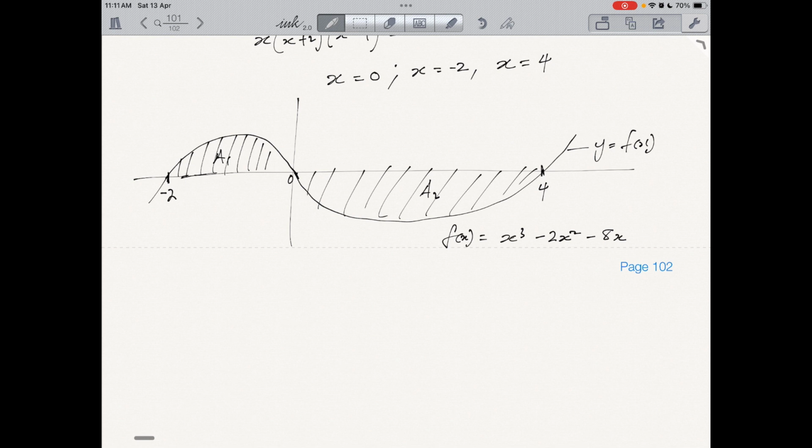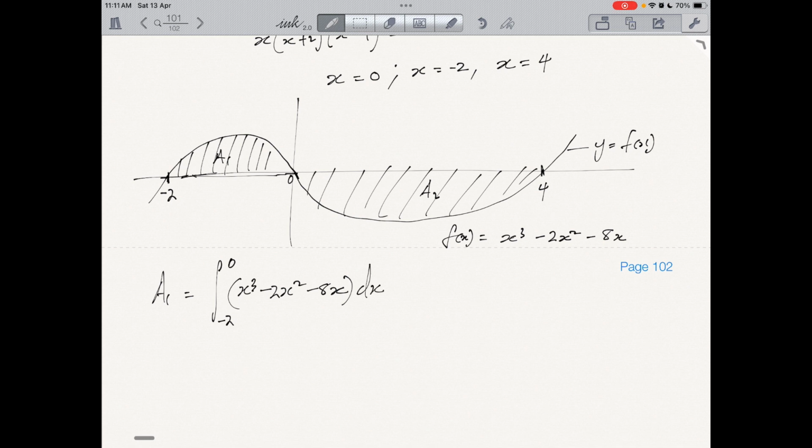So the first thing to do is to evaluate A1. A1 is the integral from minus 2 to 0. Note that it is above the x-axis, so it is positive, of f of x dx, and f of x is x cubed minus 2x squared minus 8x with dx.